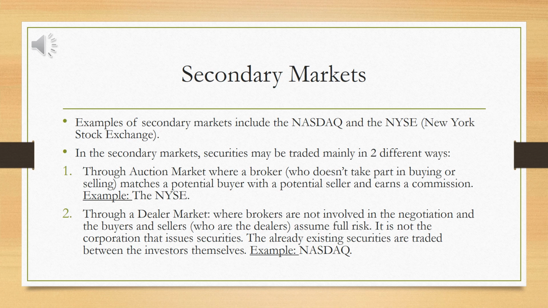Or through a dealer market, where brokers are not involved in the negotiation and the buyers and sellers, who are dealers, assume the full risk. It is not the corporation that issues securities. The already existing securities are traded between the investors themselves, example the Nasdaq.